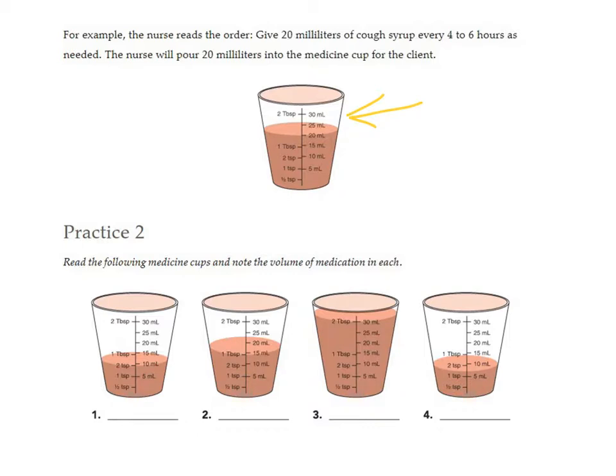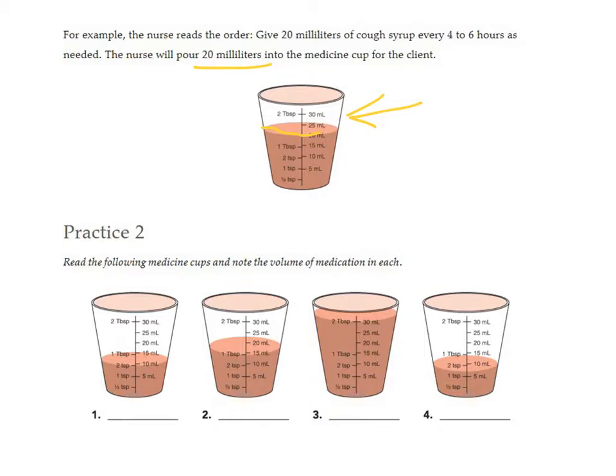That just simply means that's the surface of the liquid. So the example that we're looking at there would be right at the 20 milliliters. The example is that they said to pour 20 milliliters, and so you're seeing that right here at that 20 milliliter indication point.